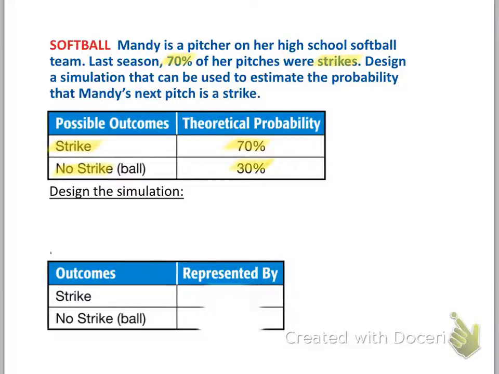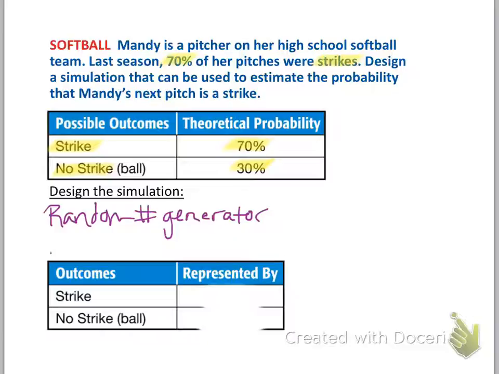So in designing the simulation, it's very common that simulations use something called a random number generator. And in a second, I will show you a random number generator on your calculator that you can use.